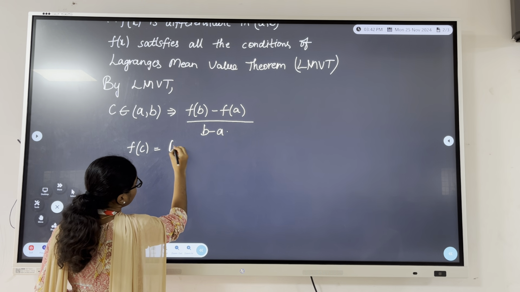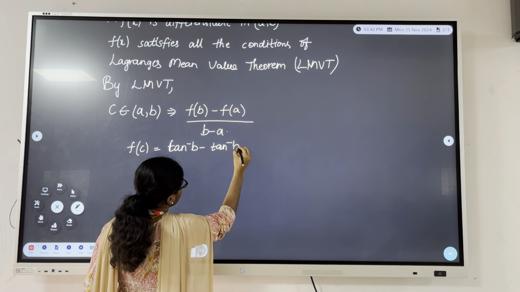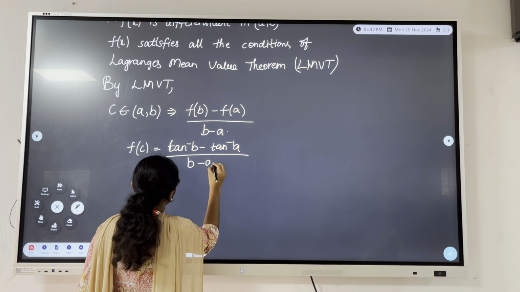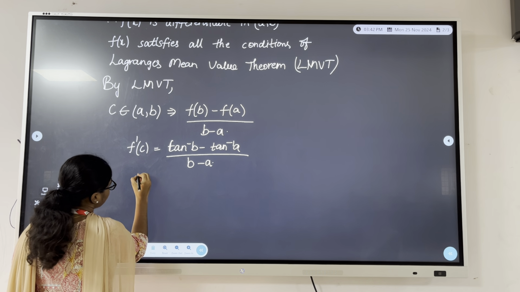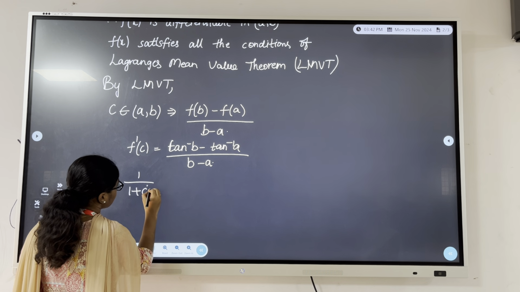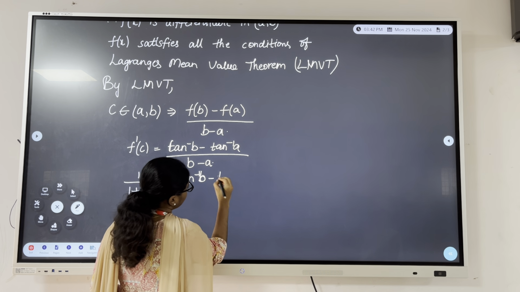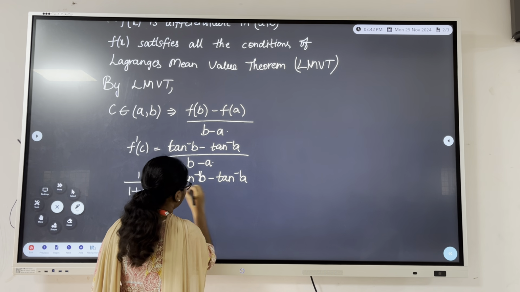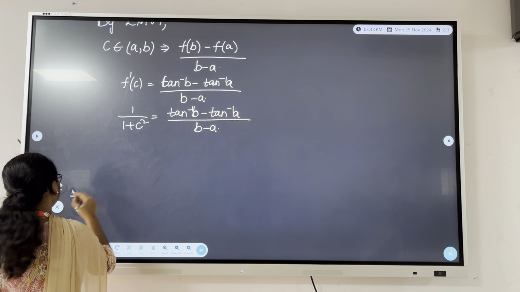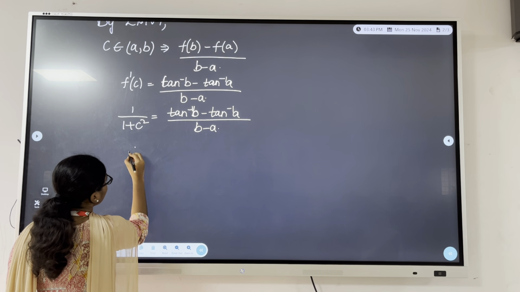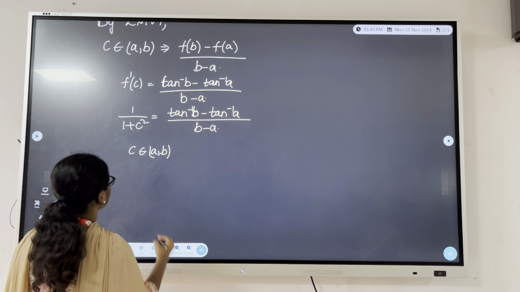So let us take tan inverse b minus tan inverse a by b minus a. f dash of x is nothing but 1 by 1 plus c square equals tan inverse b minus tan inverse a by b minus a. As we know, c belongs to a comma b.